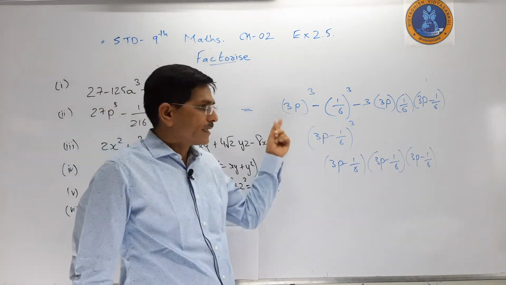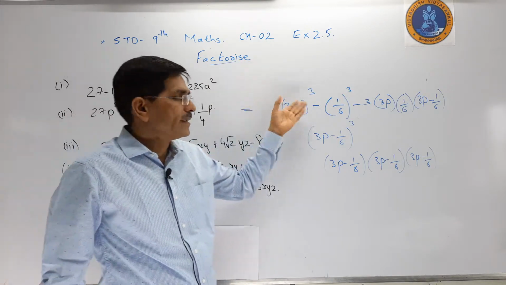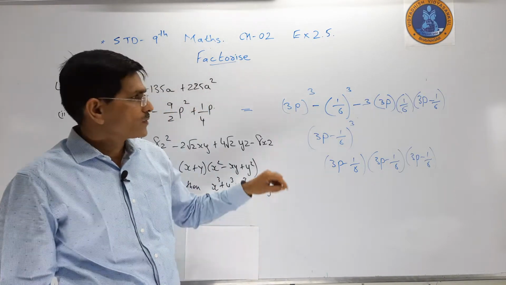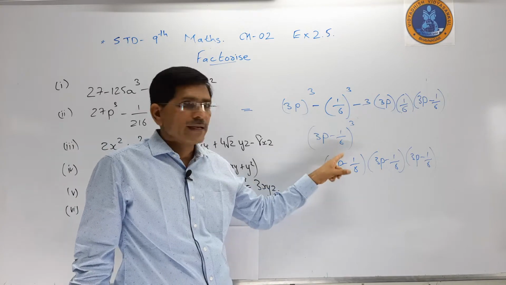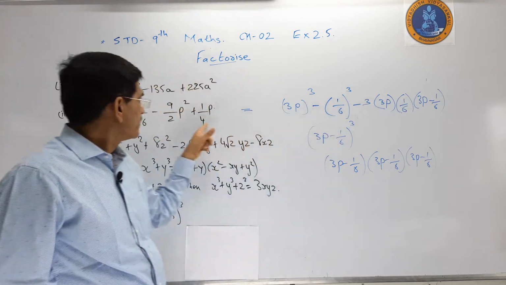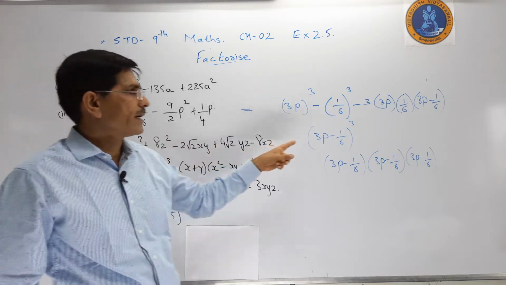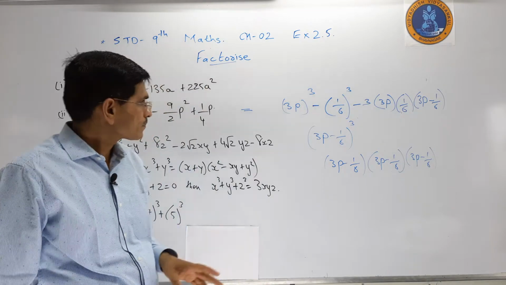So this is the factorization topic, but it is a reverse of expansion. If the question is in the form of 3p minus 1 by 6, expand it and we can get this answer. But to factorize it, we get 3p minus 1 by 6 whole to cube.